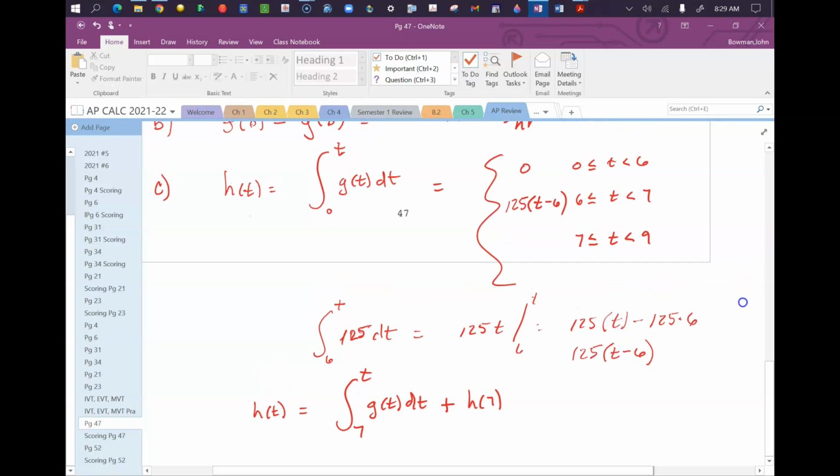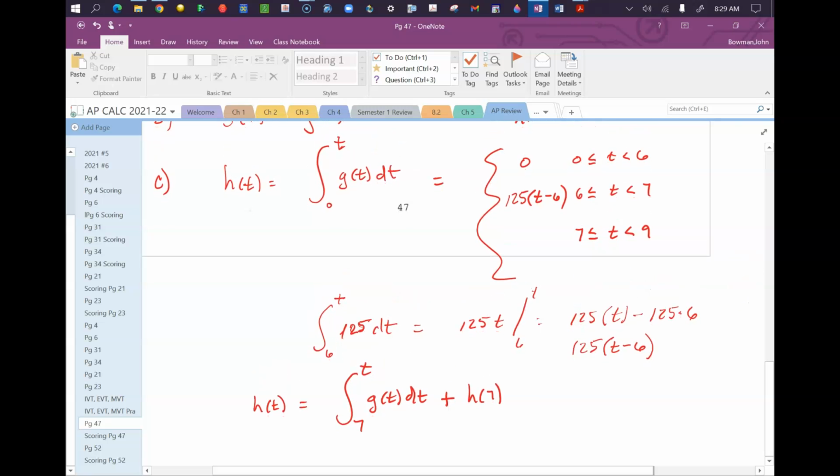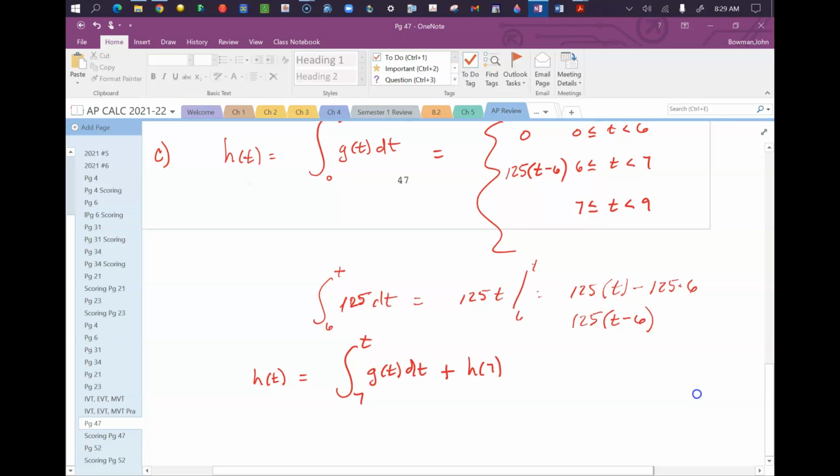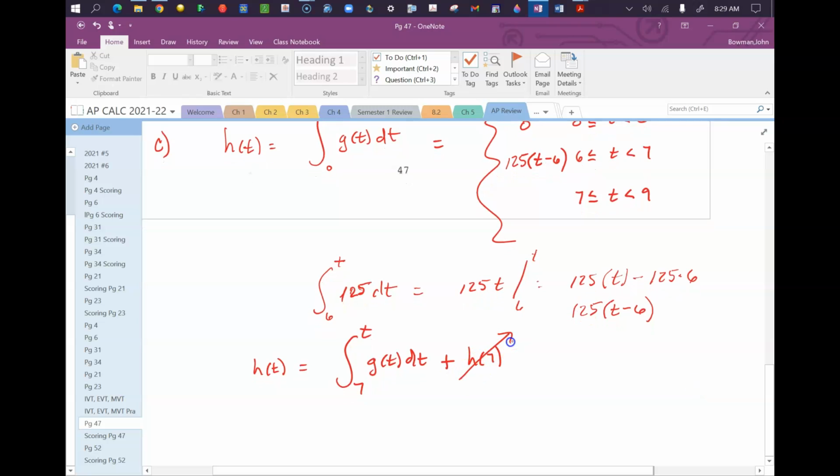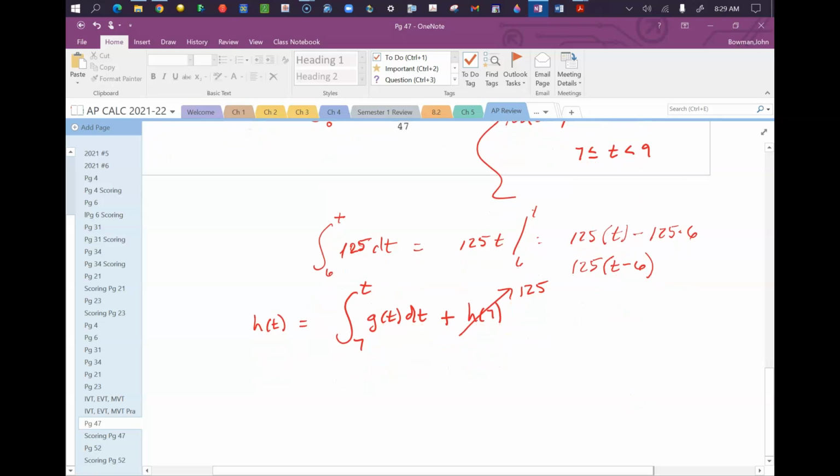Well, if you plug 7 into this piecewise function in the middle where t is from 6 to 7, you're basically going to have 1 times 125. So h of 7, the amount of snow that has been removed from the driveway at 7 a.m., is 125 cubic feet.